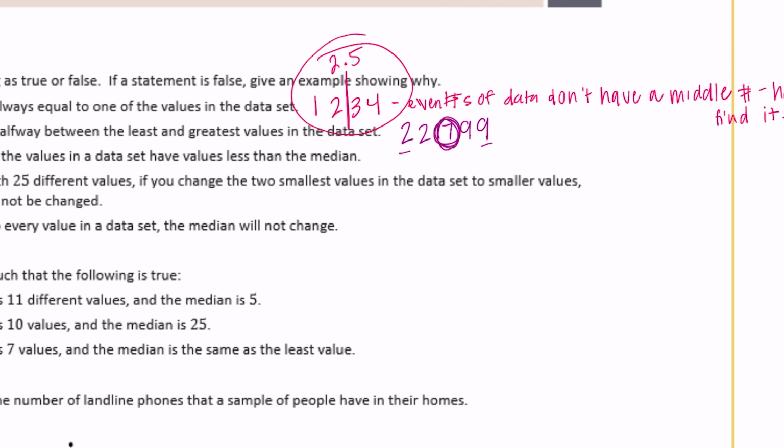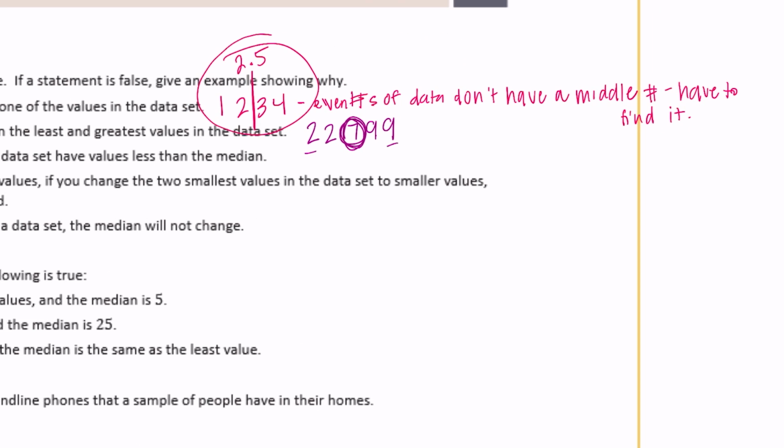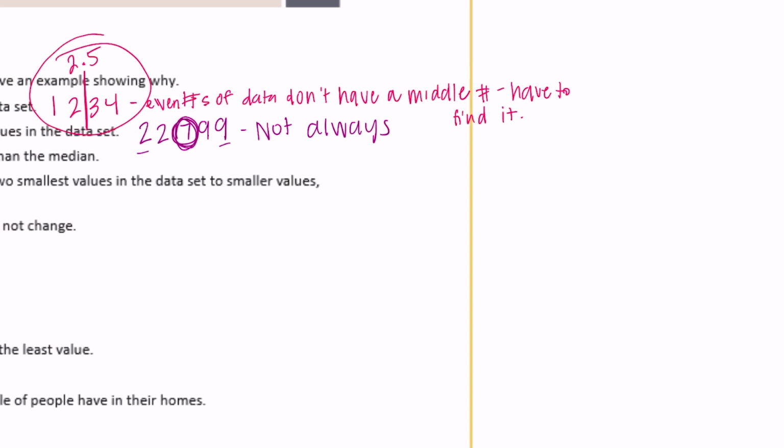The difference is 7, so 3.5. That would be 5.5 would be in the middle. So that doesn't always work that way. Sometimes it works that way, but it's not always true. So let's say not always the difference between largest and smallest.